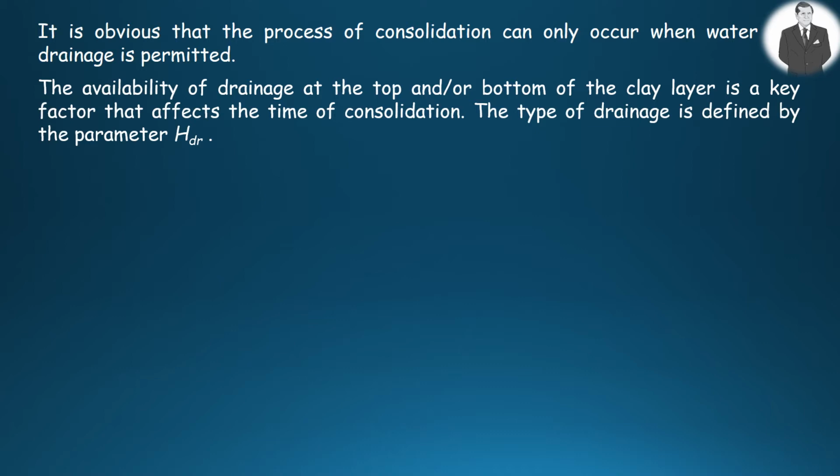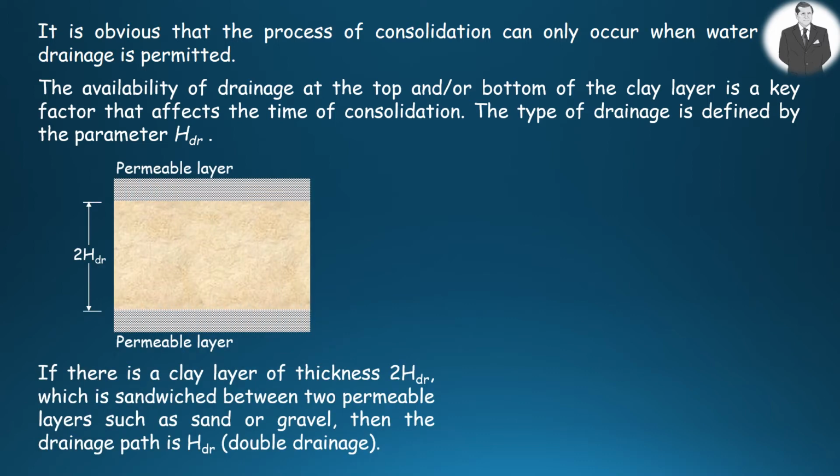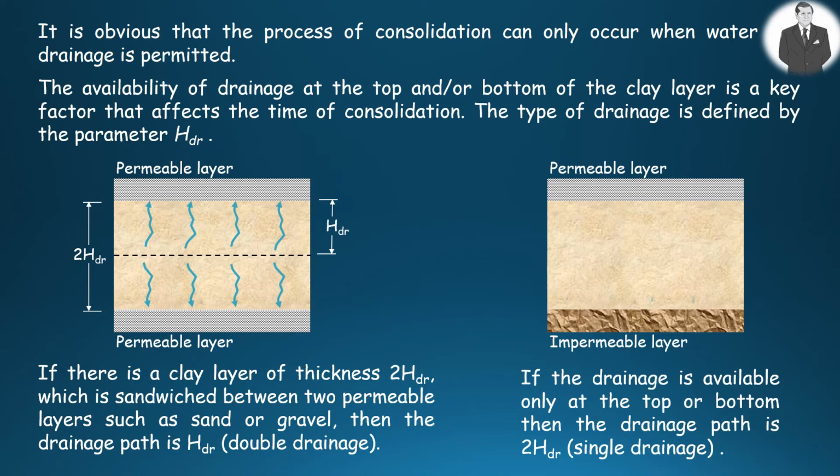The type of drainage is defined by the parameter H sub dr. If there is a clay layer of thickness 2 times H sub dr, which is sandwiched between two permeable layers, such as sand or gravel, then the drainage path is equal to half of the thickness of the clay layer. On the other hand, if the drainage is available only at the top or bottom of the clay layer, then the drainage path is equal to the thickness of the clay layer.